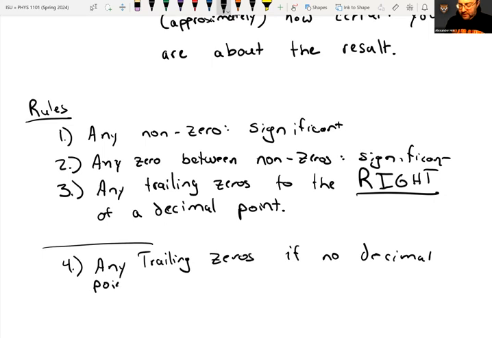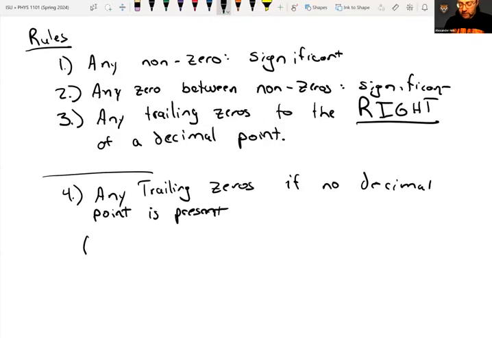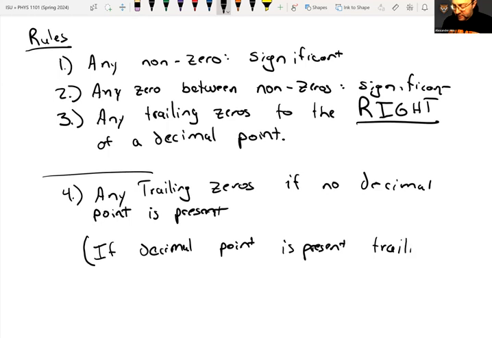If a decimal point is present, then all the trailing zeros will be significant. Okay, so I'll put that in the notes. If a decimal point is present, any trailing zeros are significant.